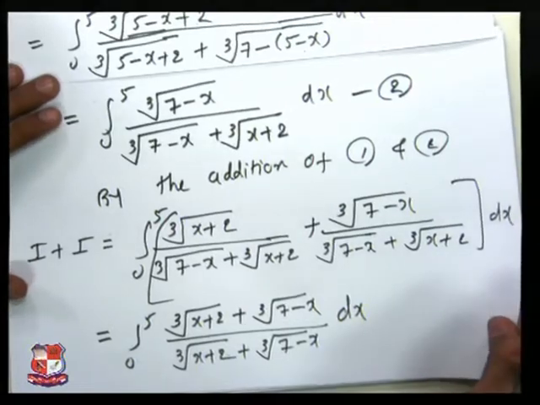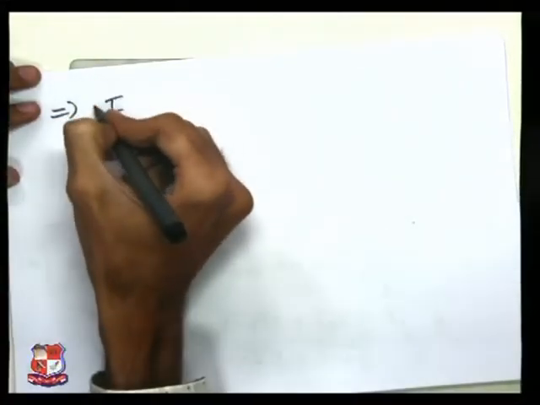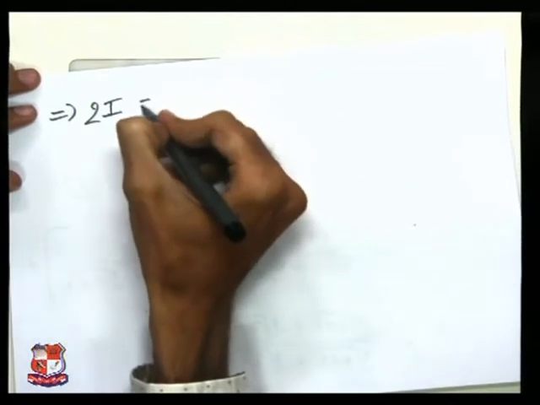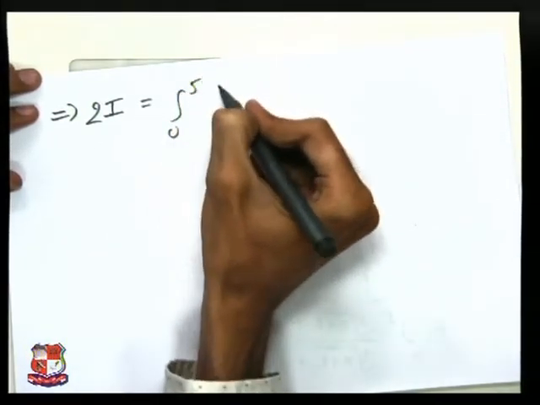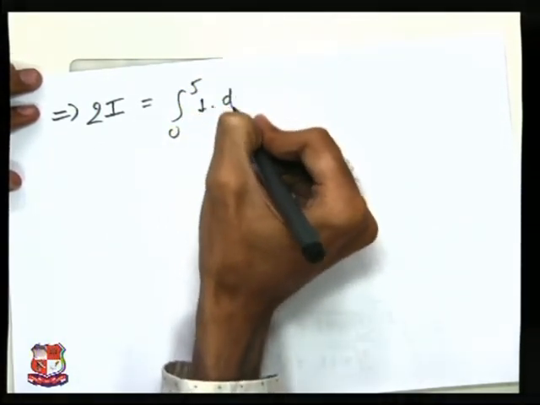Okay, so I plus I, so we'll get I plus I, that is 2I is equal to the integration from 0 to 5 of 1 dx.